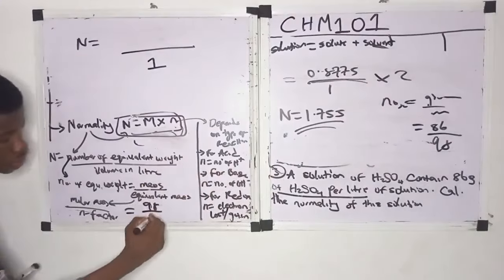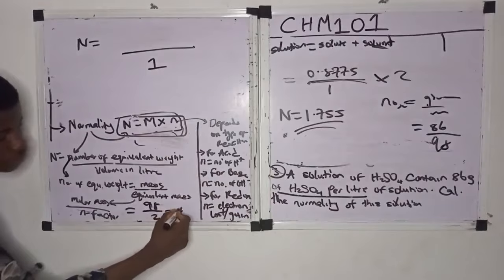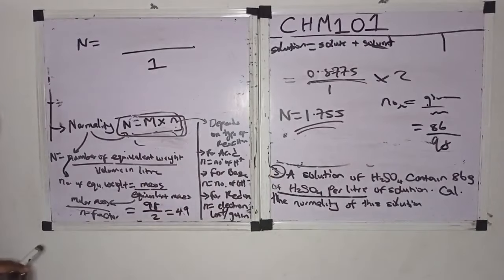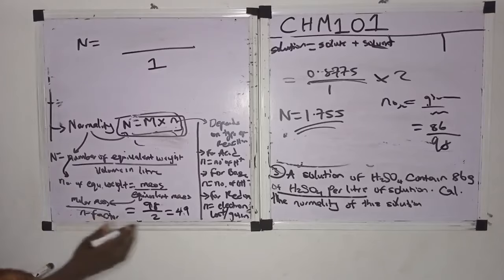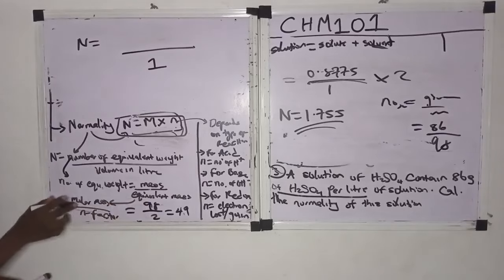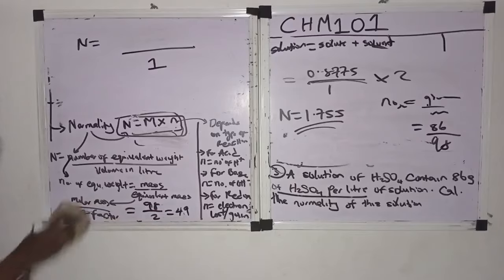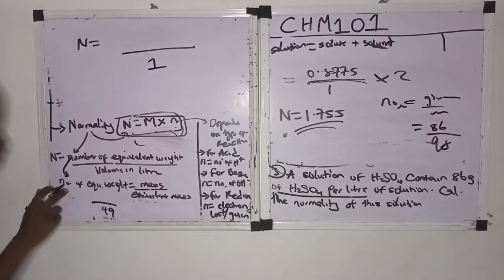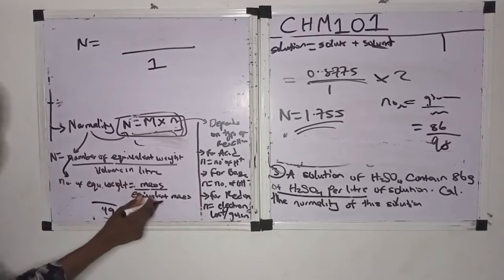So 98 divided by 2 gives us 49. So our equivalent mass is 49.